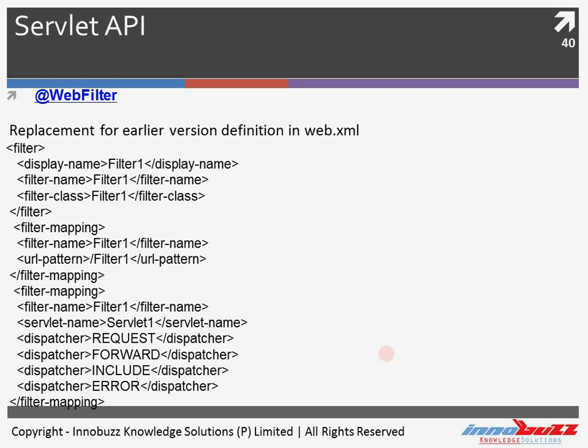So these lines of code were defined in web.xml to use the filter in a servlet. But now using the web filter annotation, we can replace this complete code within the class. So let's see the demonstration of web filter.